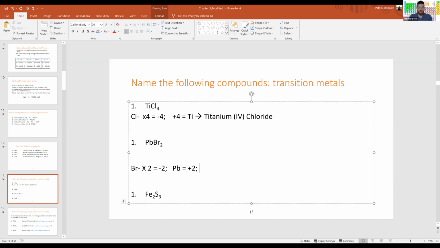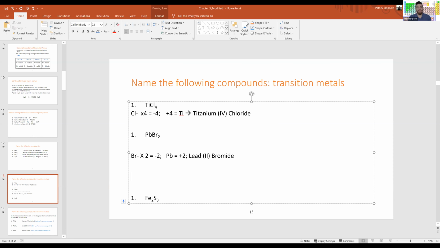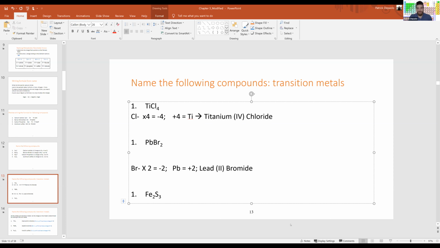So you have lead II bromide. Okay, so lead II bromide. That's how that works.